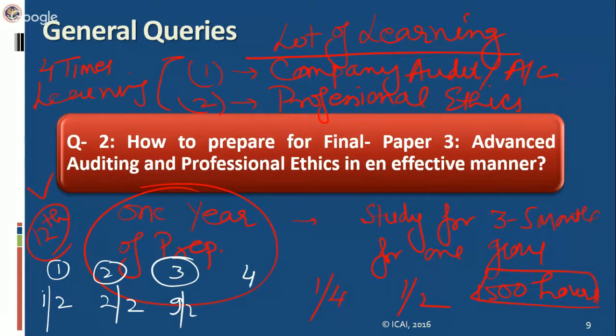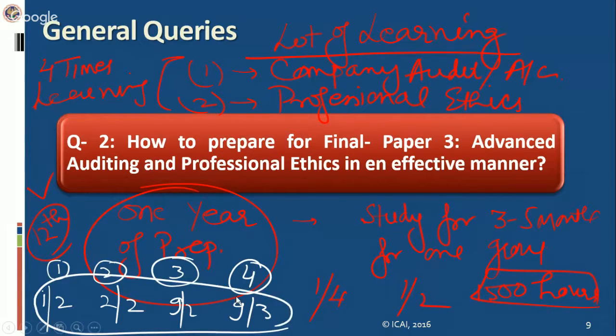And the fourth learning is after 1 month. You can change your schedule by 1-2 days, but more or less this is the 4 times learning that gets the matter established in your mind. It gets cemented in your mind.